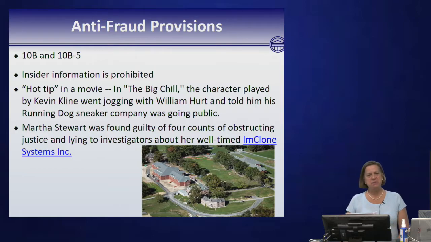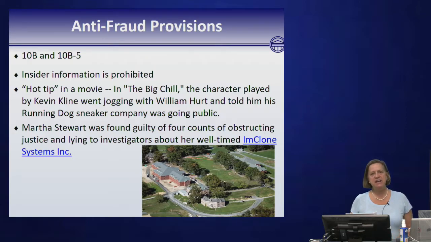So if you like to watch movies or you like to look for anti-fraud in movies, one thing that you could look at is if you ever watch The Big Chill. The character in The Big Chill, that's played by Kevin Kline, in one scene is jogging with William Hurt, another character in The Big Chill.